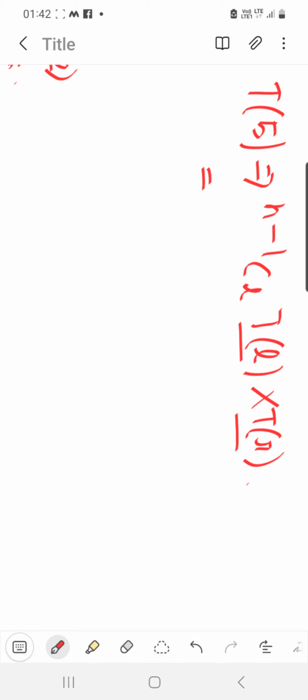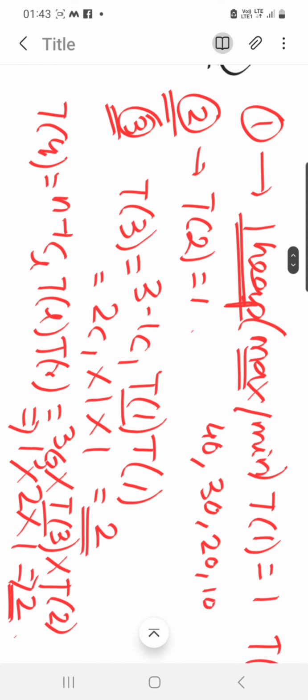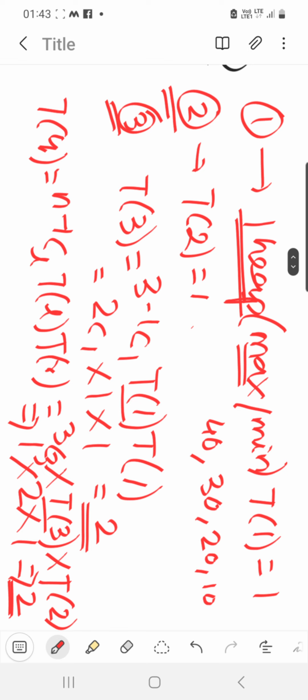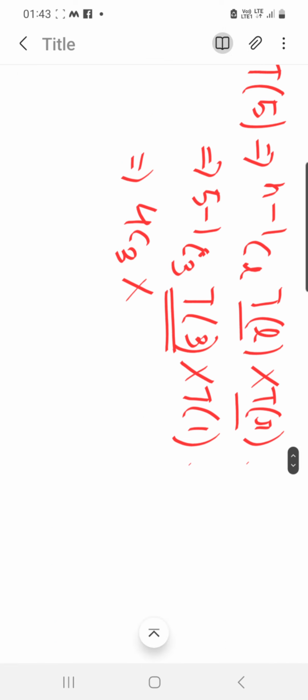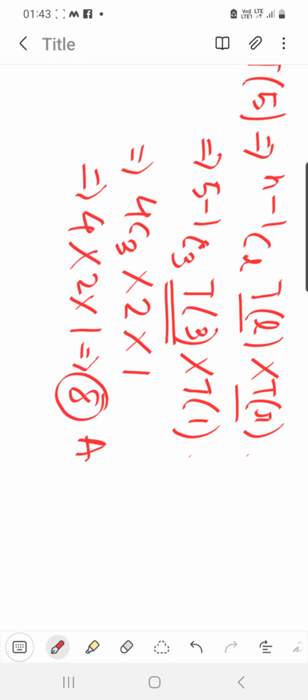So for 5 it will be (5-1)C(L). Three nodes will be in the left subtree and one in the right subtree. So it is basically 4C3 * T(3) * T(1). The value of T(3) I derived earlier, which is 2, and the value of T(1) is 1. So 4C3 is 4, times 2, times 1, which is nothing but 8.